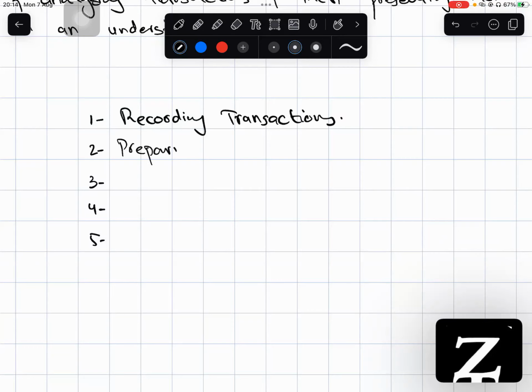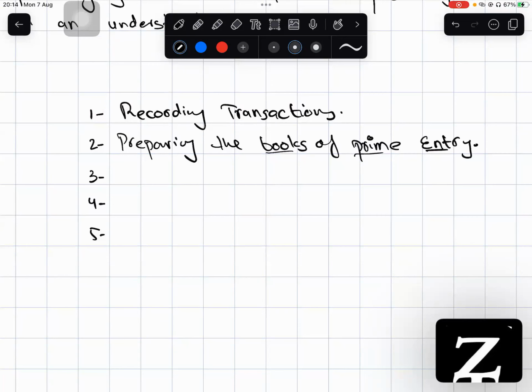The second thing that we do is we prepare the books of prime entry. Now, don't get confused by all these big words. We'll get to all of this. I just want you to get the big holistic picture of why actually you are studying this subject, and then we'll get to the nitty-gritties later.